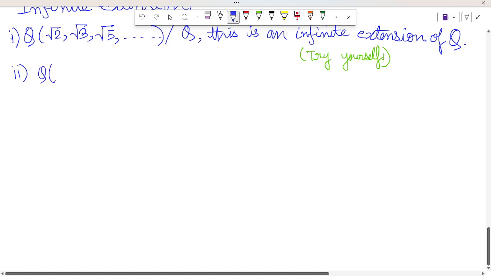It is Q(pi) over Q. What is Q(pi)? Let me write it here again.